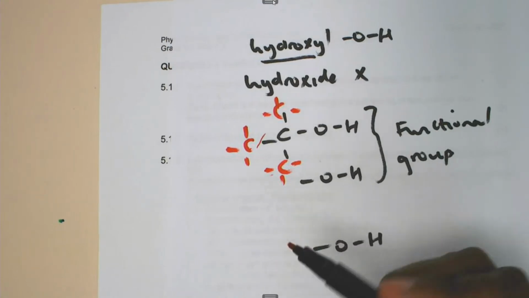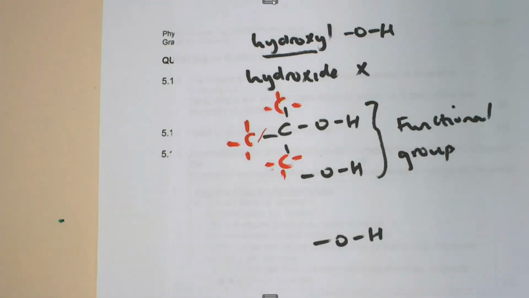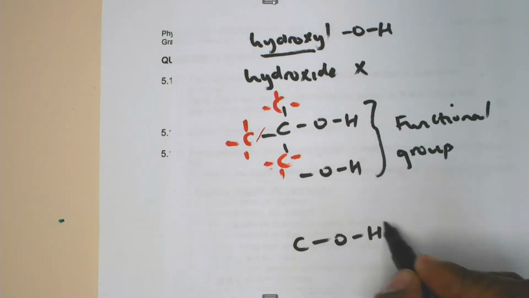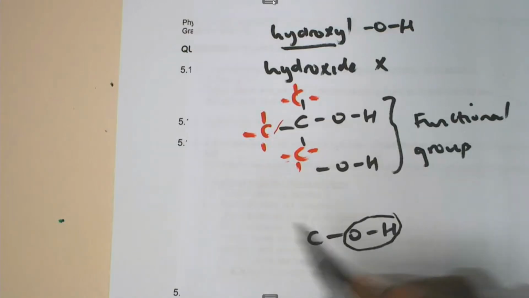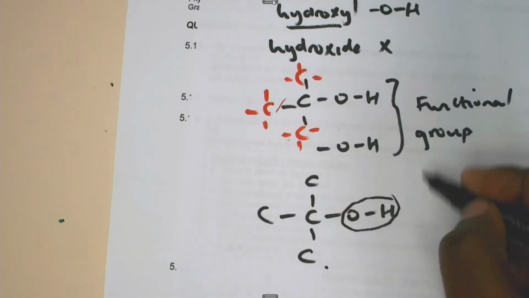the carbon, in other words, the learner would say now the carbon that is bonded to the OH, which is the functional group, is bonded to 3 other carbon atoms. So this would be correct.